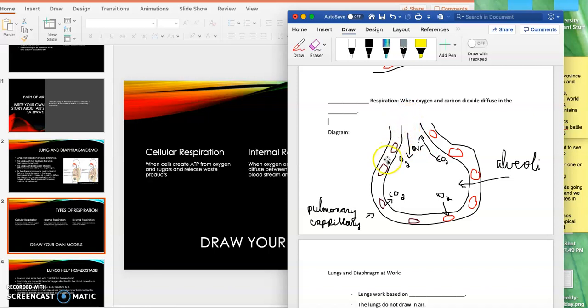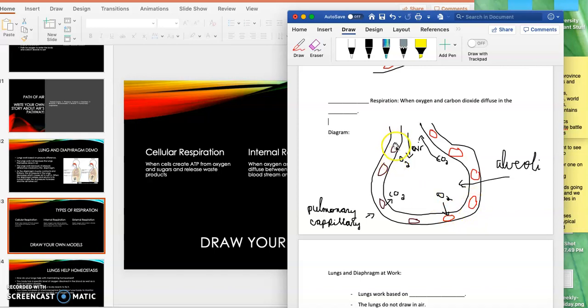Our pulmonary capillary actually wraps around our alveoli, right? So it goes around the little sac inside of our lungs. A branch of the bronchioles is our alveoli over here. So our pulmonary capillaries are wrapped around so that our oxygen and CO2 can diffuse. CO2 can diffuse into our alveoli, and O2 can diffuse into our red blood cells and into our pulmonary capillaries.